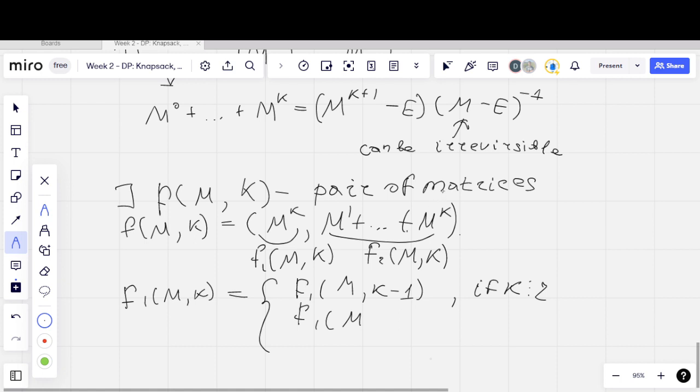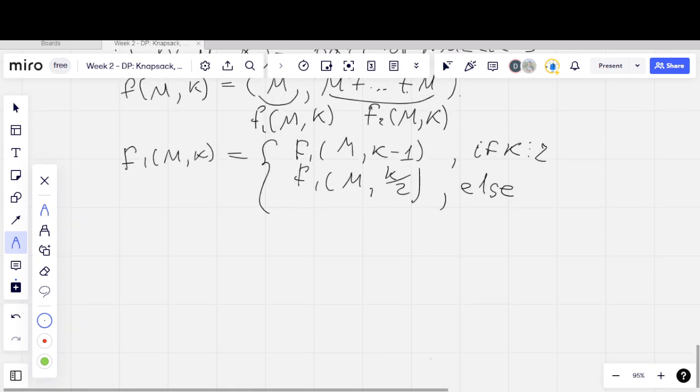This will be not two matrices, this will be a matrix and a number, k divided by 2, if k is odd, else.